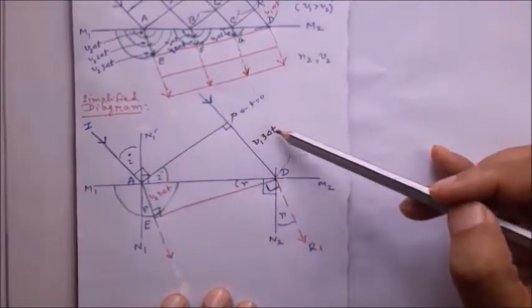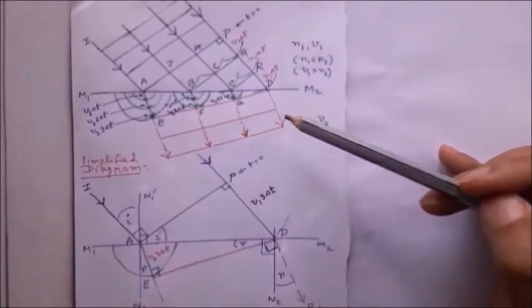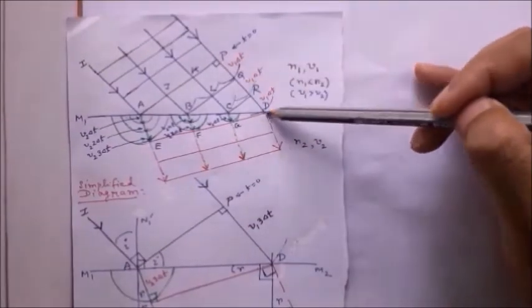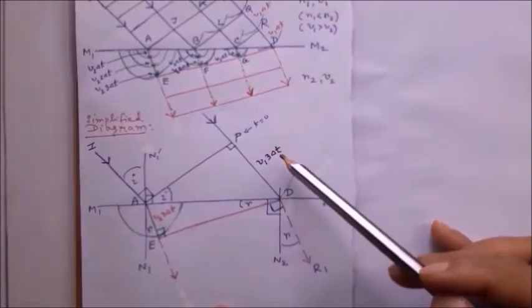Now after elapse of time, say 3 delta t, we have taken here 3 small instants, and therefore we are using this 3 delta t.